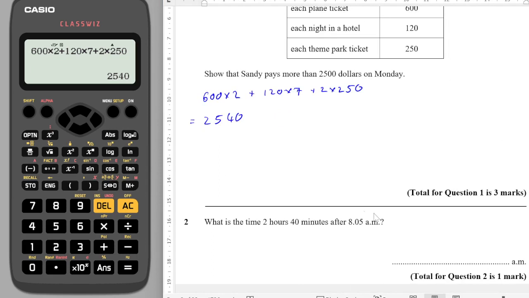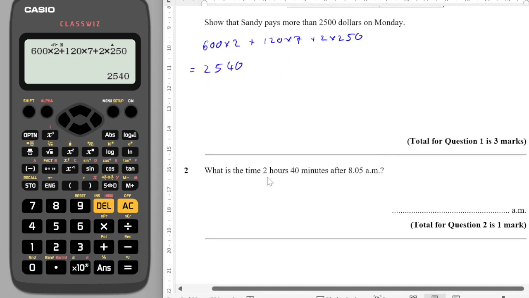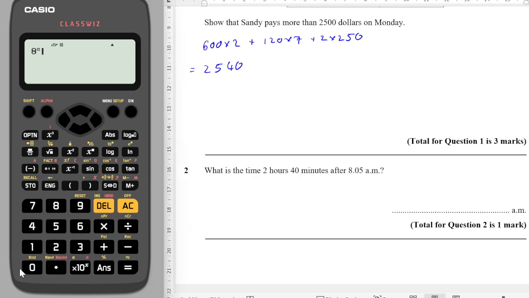Okay, question 2. What time is 2 hours and 40 minutes after 8:05? So I'm going to show you how to do this using your calculator mode. You might be more than happy doing it without your calculator mode. I'm going to start by typing the time 8:05 into my calculator. So that's 8, time function, 05, time function. That says 8 hours and 5 minutes.